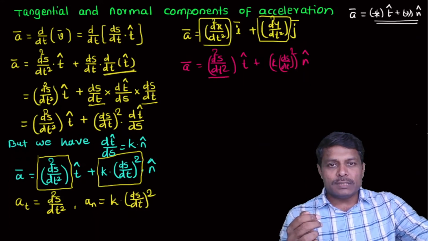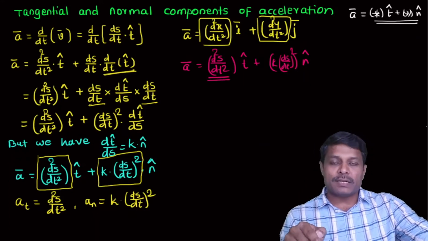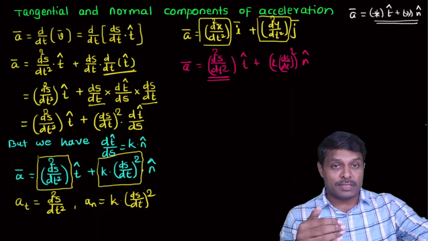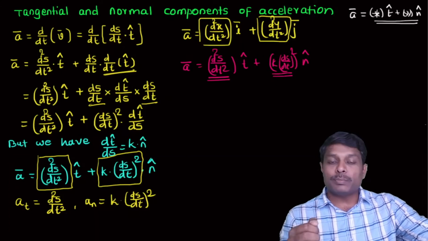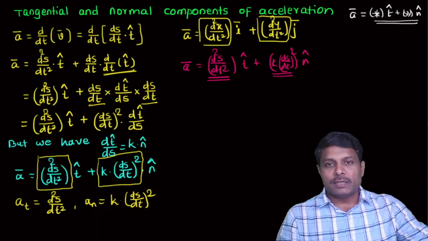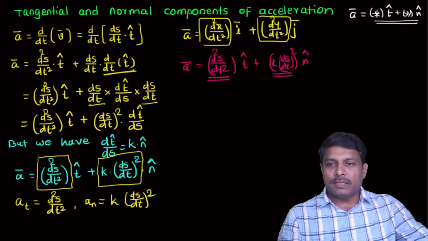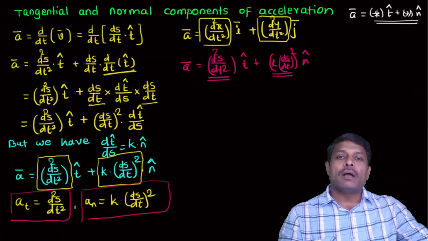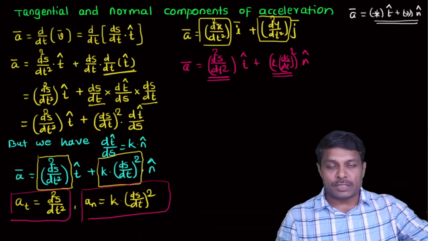This is a component of the same acceleration, but not along the x-axis: it is along the unit tangent vector, and this is the component along the unit normal vector. So keep in mind these two important things: this is the tangential component of acceleration, and this is the normal component.